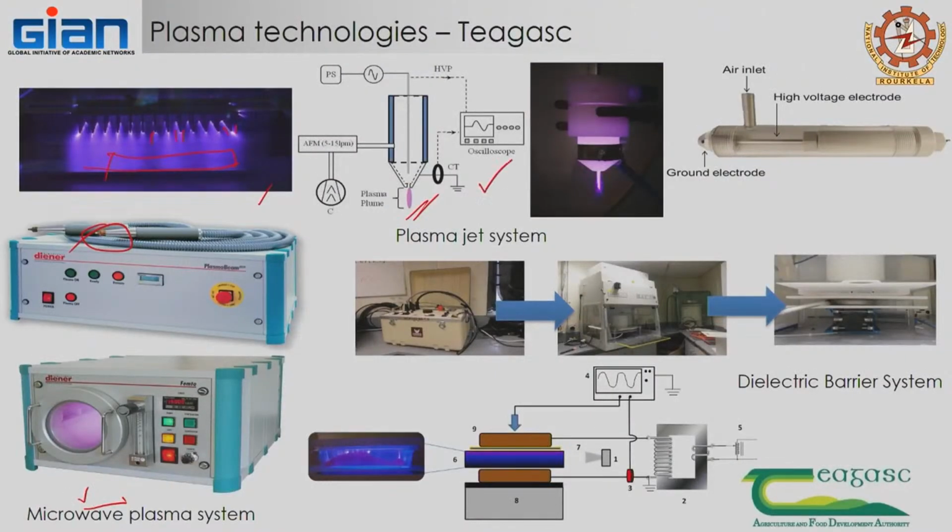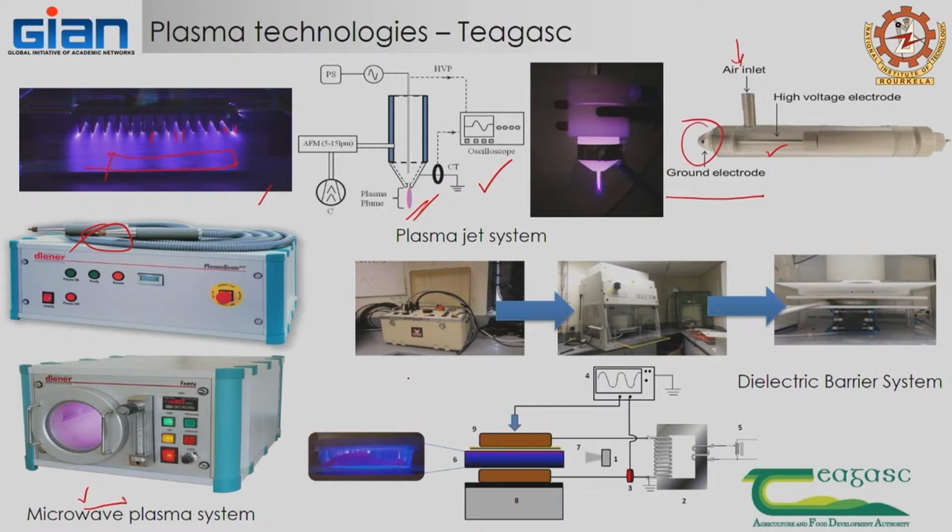So this is another plasma, and this is your plasma jet, where you have a high voltage needle and the gas comes in and it forms a plasma jet. The configuration is a ground electrode, high voltage electrode, and air inlet, and it creates plasma.